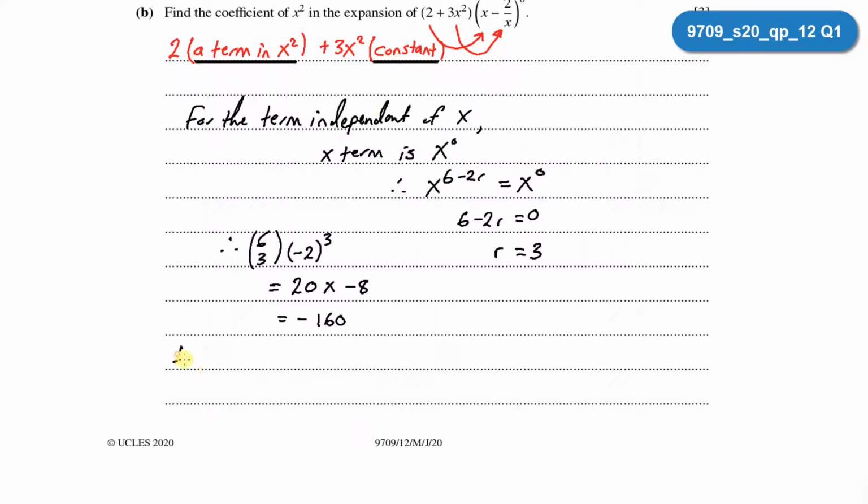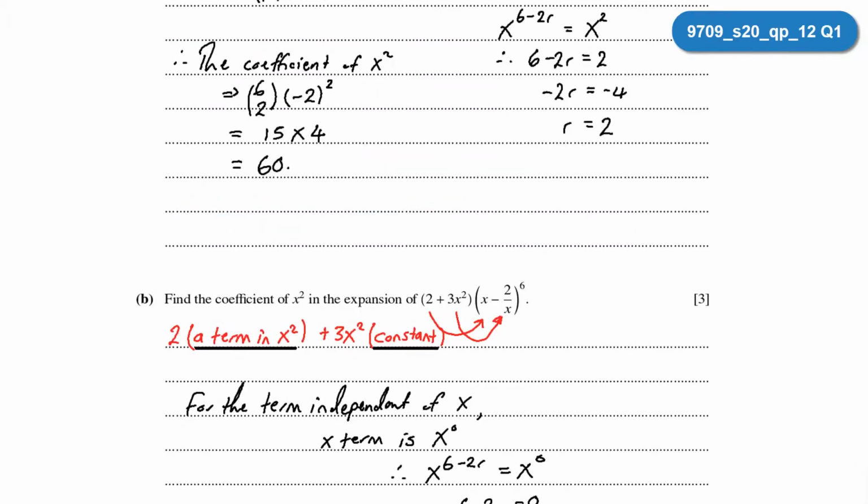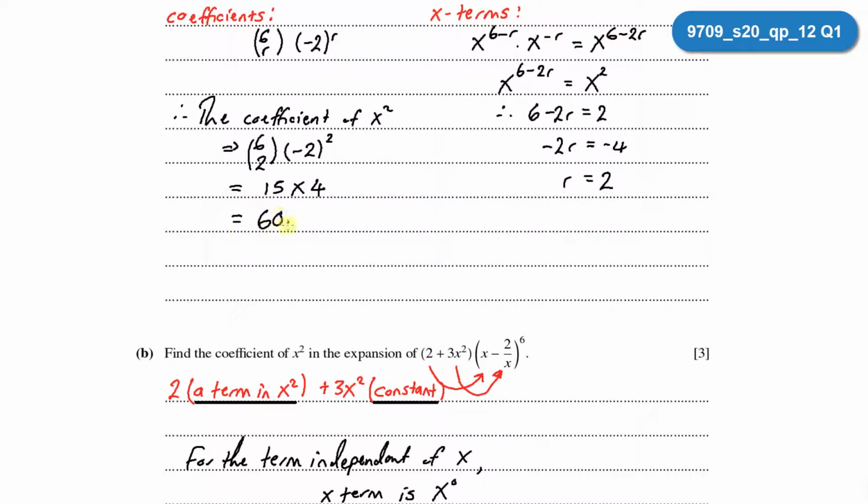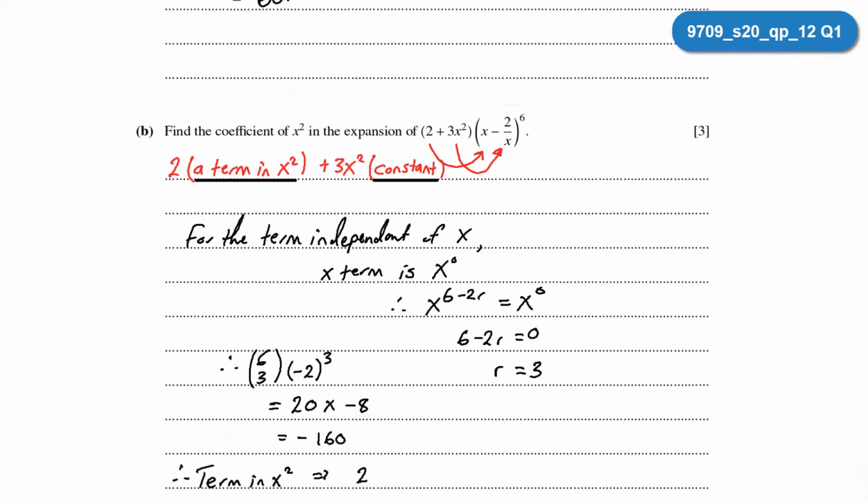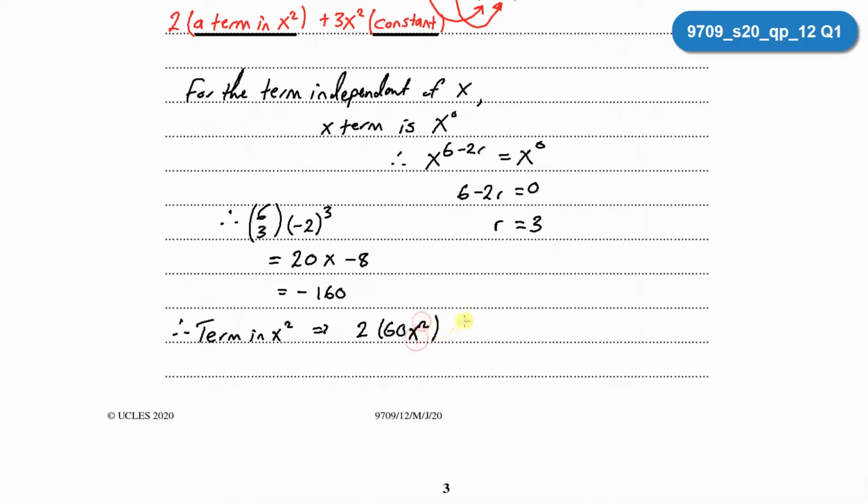So it therefore means that the term in x squared should come out as 2 of a term in x squared, which we said we got as 60 here. So that's 60x squared, and then that's plus 3x squared times the constant, the term independent of x, that's minus 160.